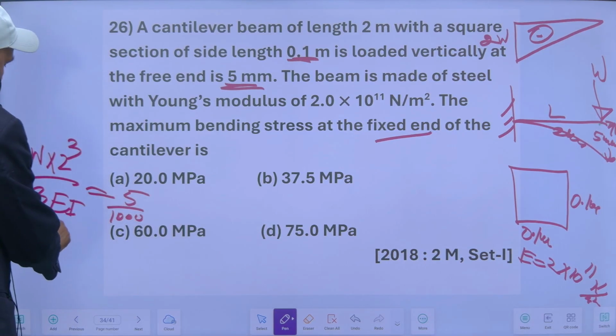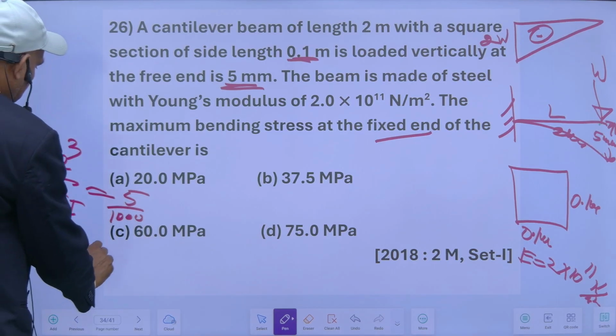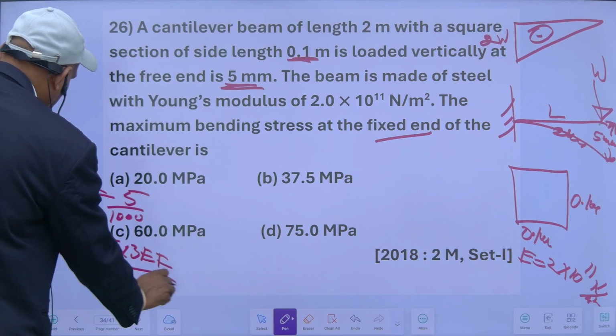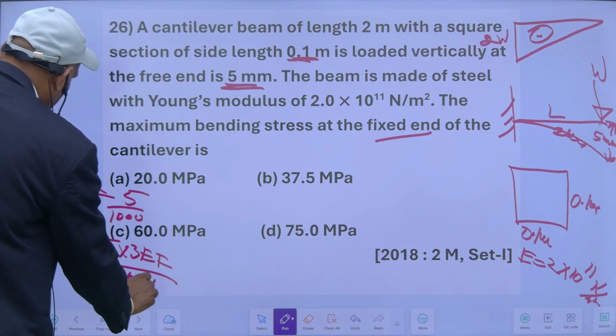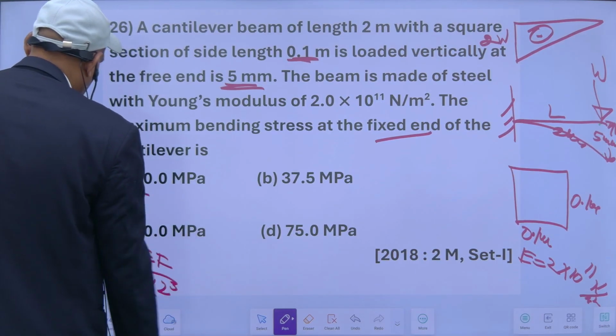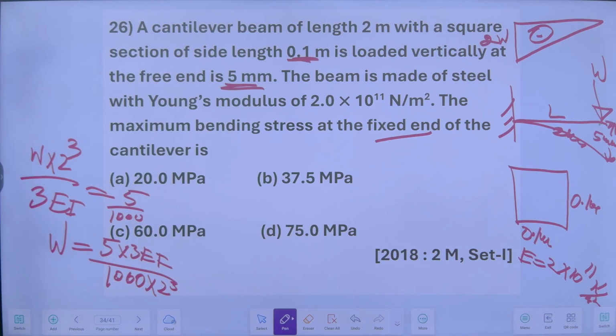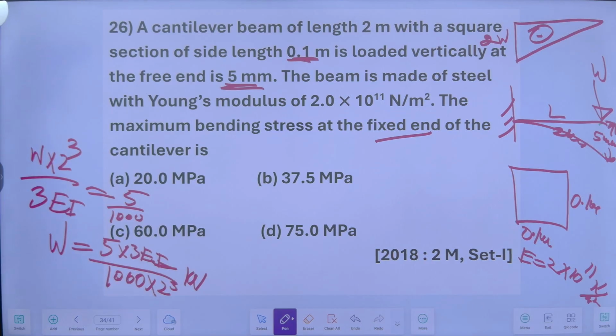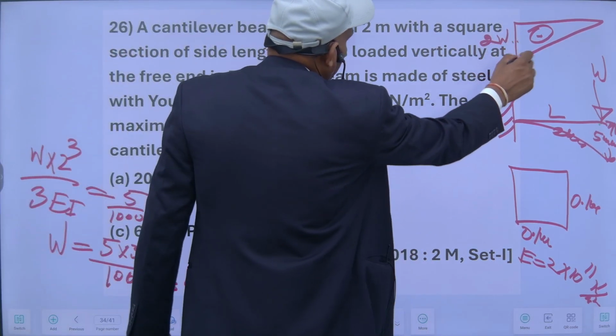It means W equals 5 into 3EI upon 1000 into 2 raised to the power 3. This E is in kilonewton, so this is the value of the W.